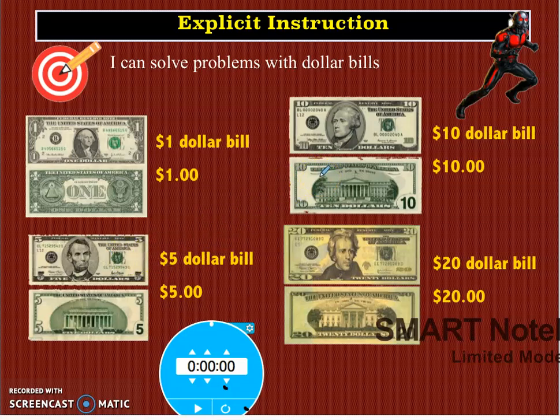Now let's count by tens. 10, 20, 30, 40, 50, 60, 70, 80, 90, 100. And now let's count by 20s. 20, 40, 60, 80, 100. So now we have a better idea how to count by each denomination. Let's move on to the next problem.